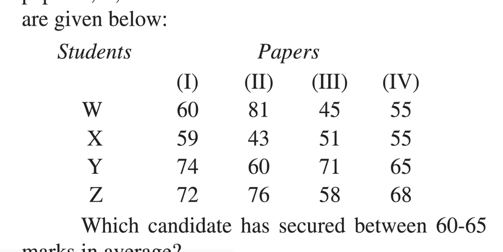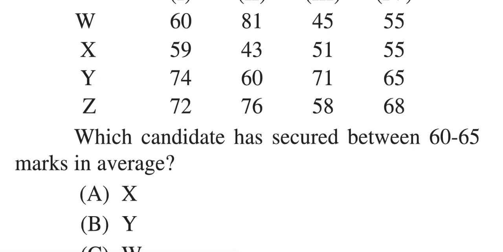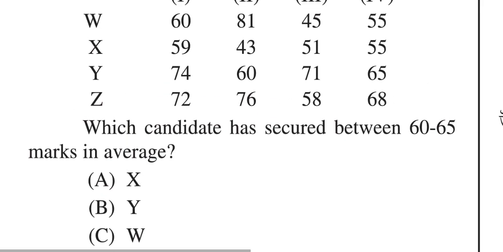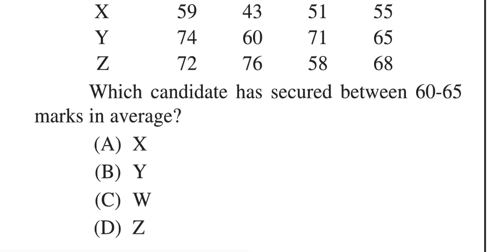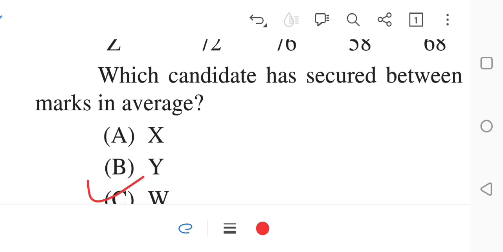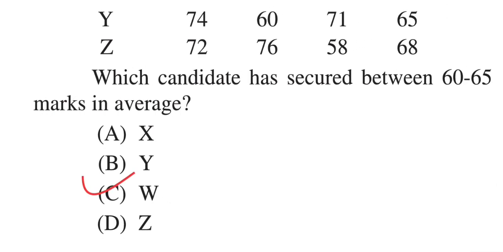In paper 3: 45, 51, 71, 58. In paper 4: 55, 55, 65, 68. Now we have to find out which candidate has secured between 60 to 65 marks on average: X, Y, W, Z. The correct answer of question 30 will be C. That means W was the candidate who had secured between 60 to 65 marks on average.